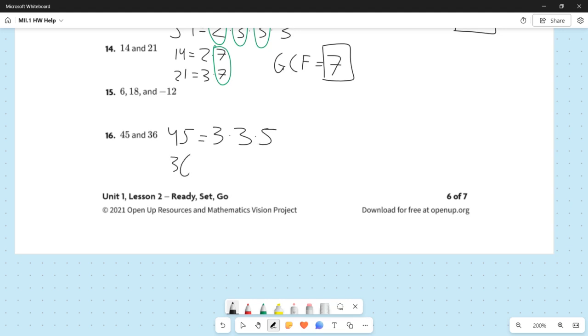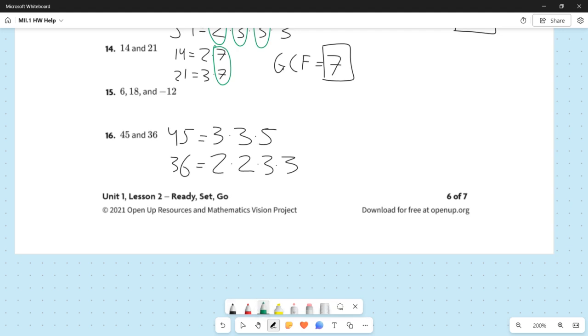For 36, 36 is even, so you know that there's at least a single 2. When you divide a 2 out of 36, you get 18, and again, 18 is even, so there's another 2. When you divide a 2 out from 18, you're left with 9. 9 is odd. However, 9 can be expressed as 3 times 3. You're welcome to check all of this, but the numbers should work out.